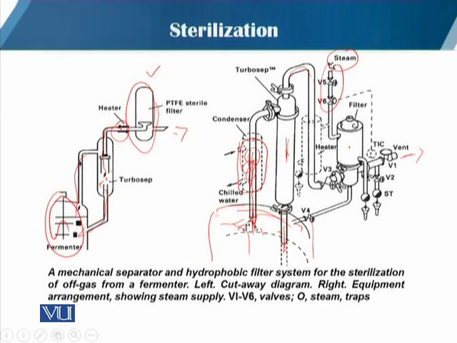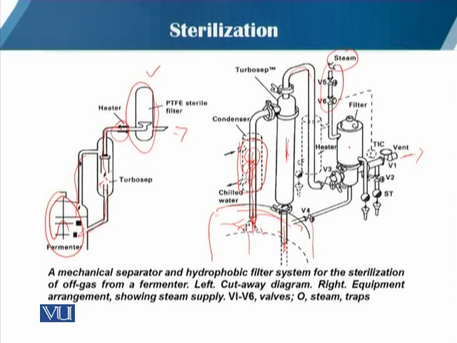This whole system is a mechanical separator and hydrophobic filter system for sterilization of the off-gas from the fermenter. You can see why the exhaust air needs to be sterilized, and the possible mechanism of using a pre-filter and pre-treatment before treating the exhaust gas for sterilization.